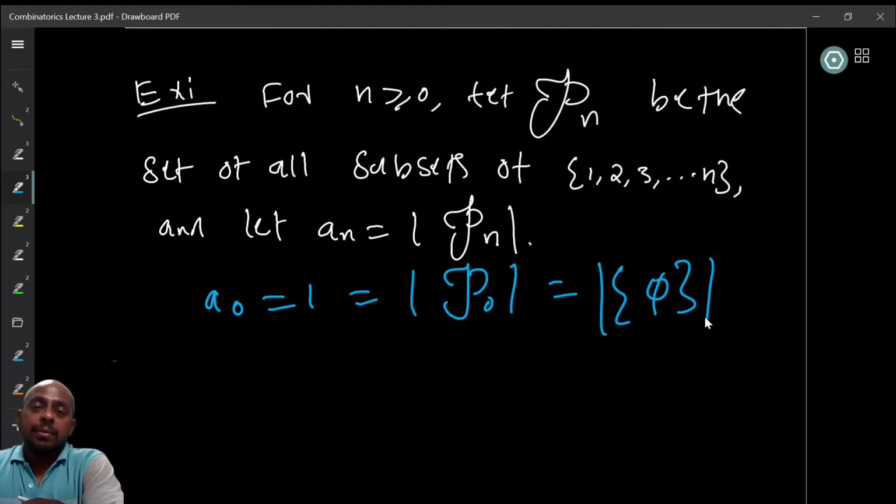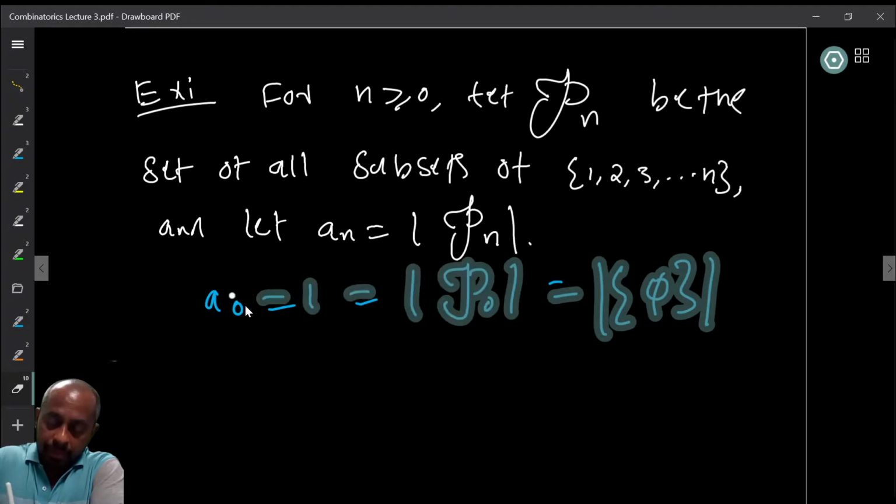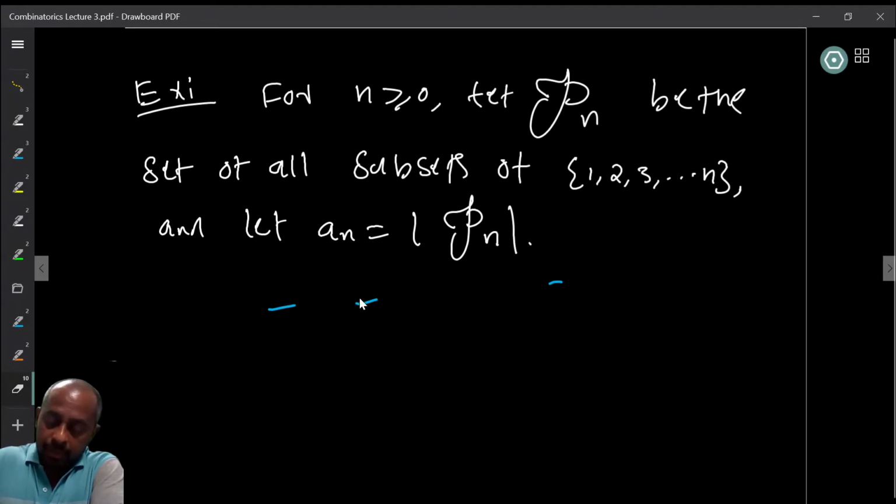Now we need to find the recursive relation. So to find the recursive relation, we do the following.